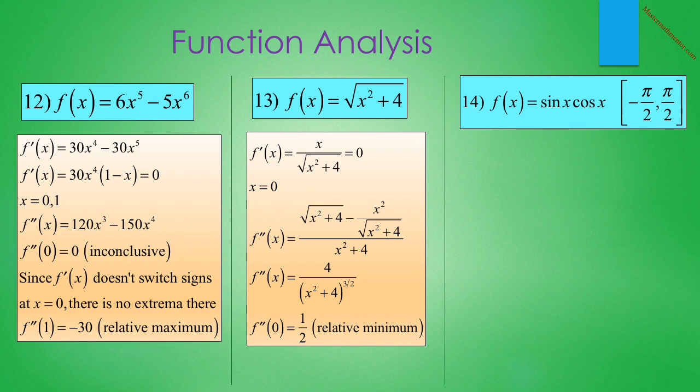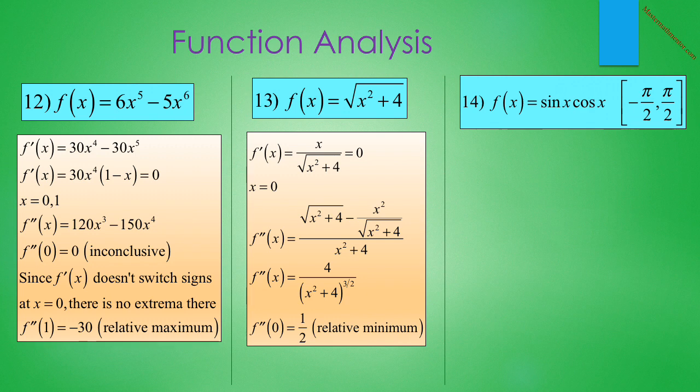So our second derivative, using the quotient rule, is square the bottom, and we get x squared plus 4. And upstairs we get the square root of x squared plus 4 minus x squared over the square root of x squared plus 4. You could plug in 0 at this point.